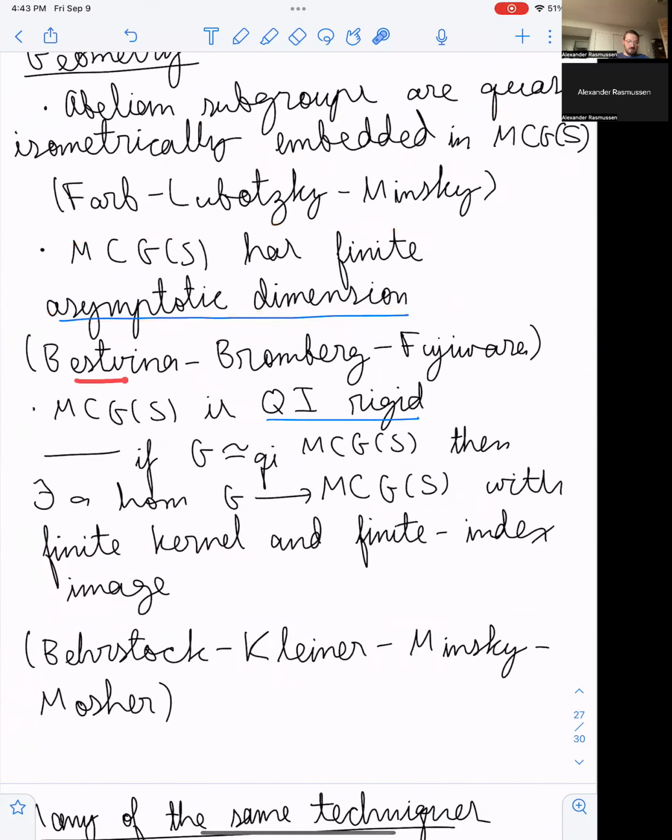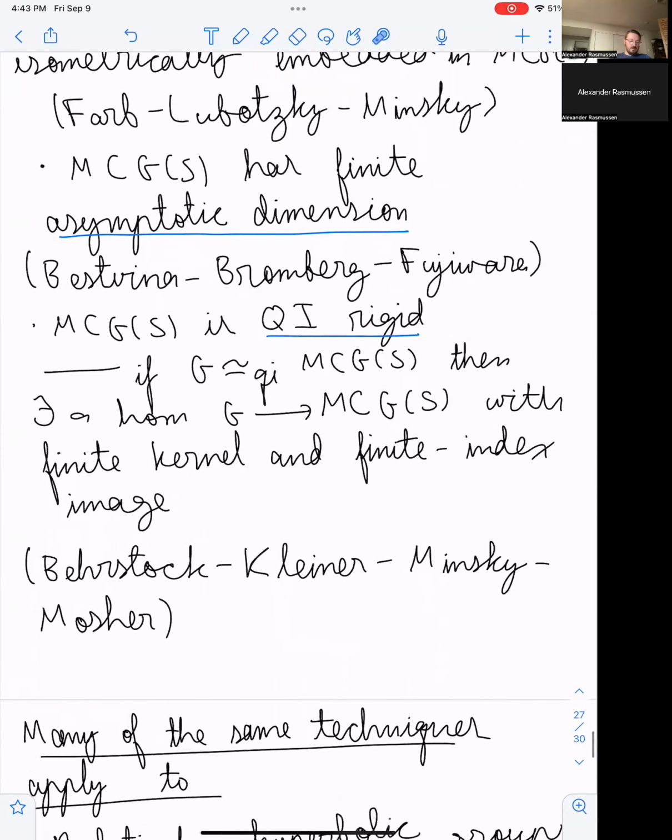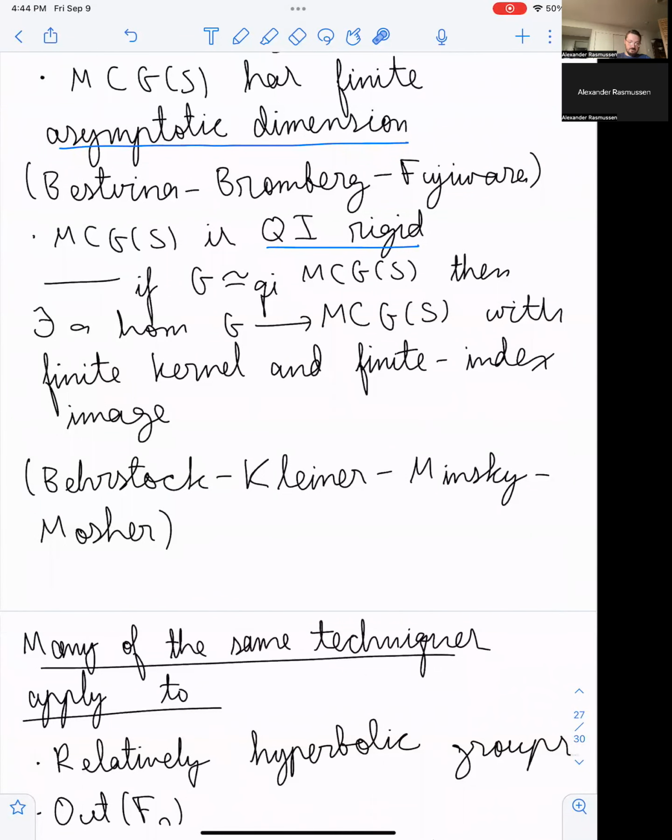This is due to Bestvina, Bromberg, and Fujiwara. This is some notion of dimension for finitely generated groups. It has some really interesting connections with some conjectures about higher dimensional manifolds. Pretty interesting.